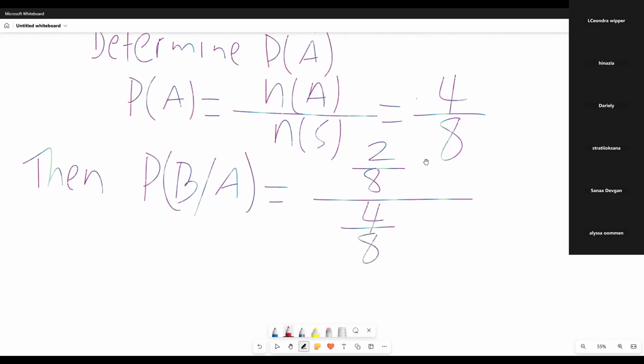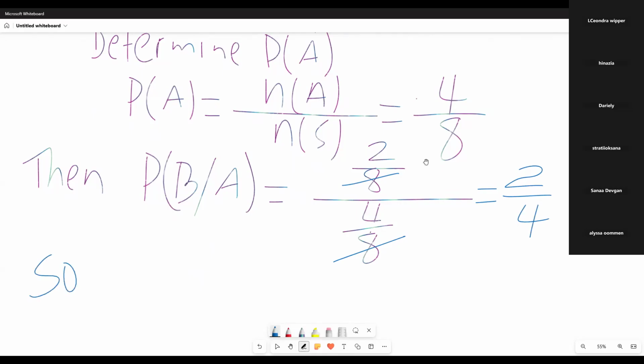Now, if you want, here you can get rid of the 8. So you got only 2 over 4.